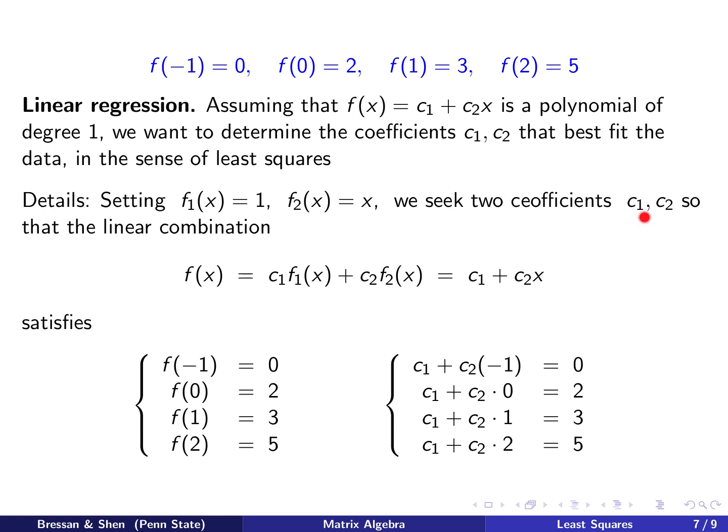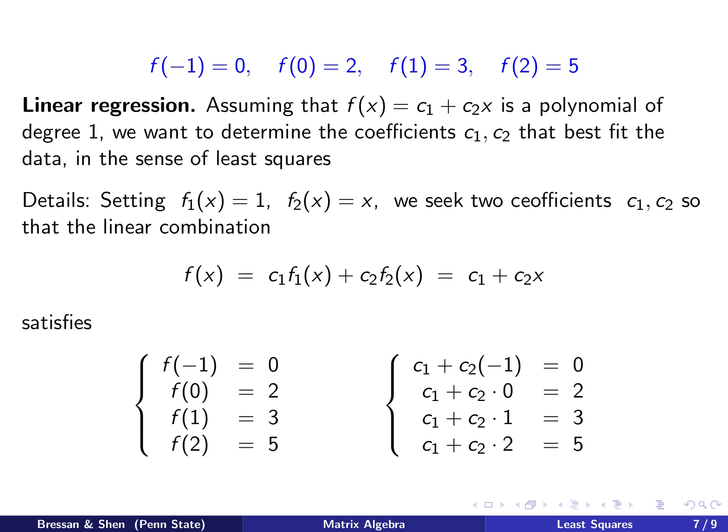We now seek two coefficients c1, c2 such that this linear combination, f(x) is c1 f1 plus c2 f2, which is c1 plus c2 x, will satisfy the following. f at -1 is 0, f at 0 is 2, f at 1 is 3, f at 2 is 5. So it satisfies the data set, the 4 points there.